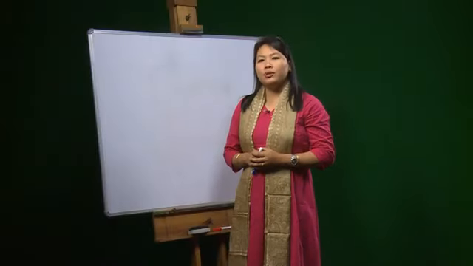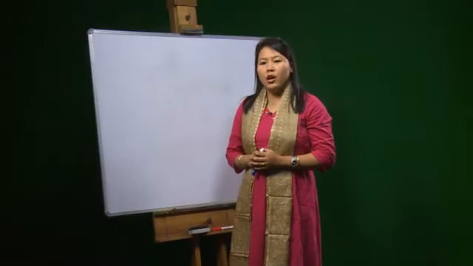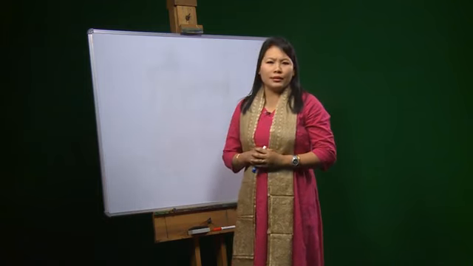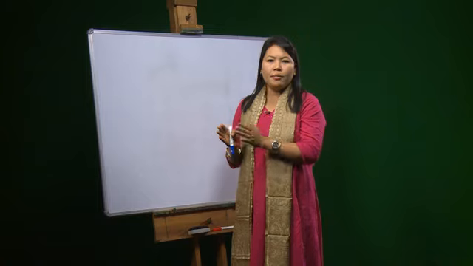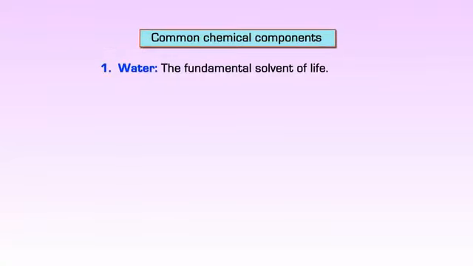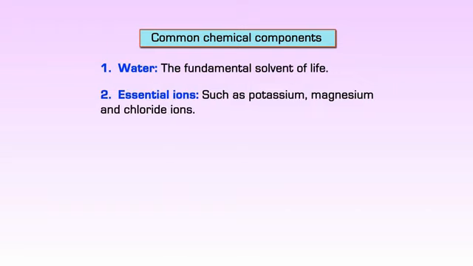Now we'll come to the biochemical composition of bacteria. All cells also share some chemical components, which include, the first one, water. Water, we all know, is the fundamental solvent of life. The second one is essential ions such as potassium, magnesium, and chloride ions.